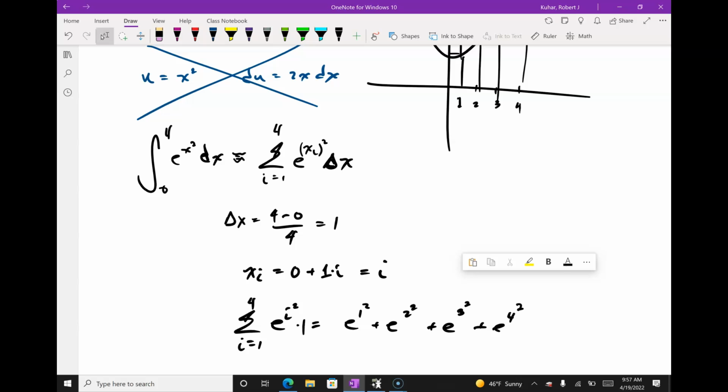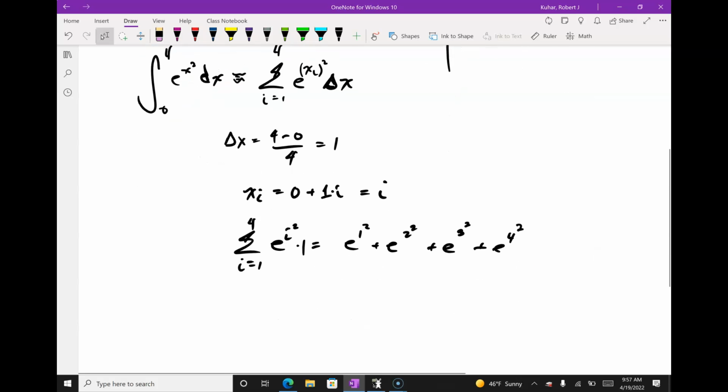It doesn't get much prettier than this, but clearly I can do e plus e to the 4 plus e to the 9 plus e to the 16. And that's my answer, and then I'm going to my calculator from there. e to the 1 plus e to the 4 plus e to the 9 plus e to the 16. And I should get more than 1.1 million, right? Because I did an overestimate.